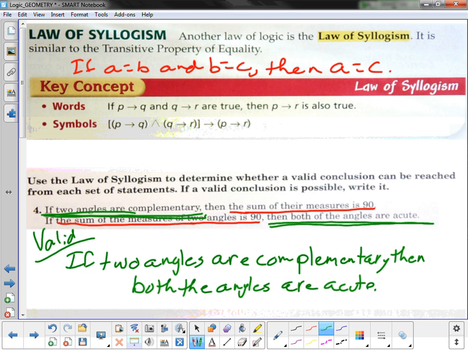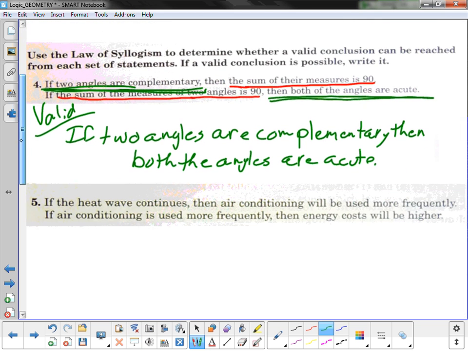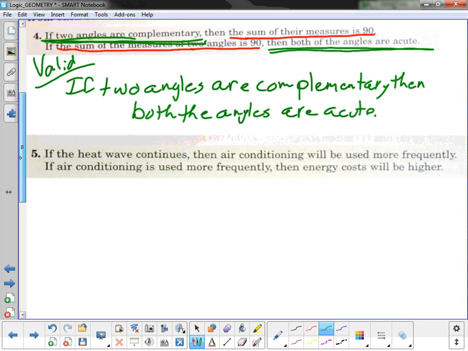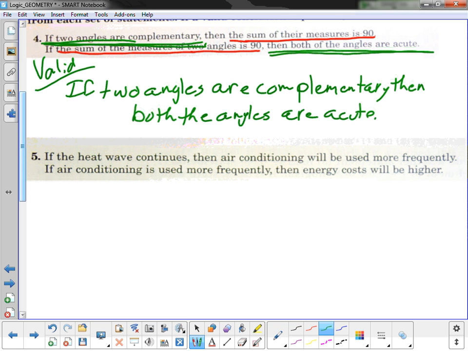So let's try another example. If the heat wave continues, then air conditioning will be used more frequently. If air conditioning is used more frequently, then energy cost will be higher. So again, I'm looking, is the conclusion of one of these statements the hypothesis of the other?